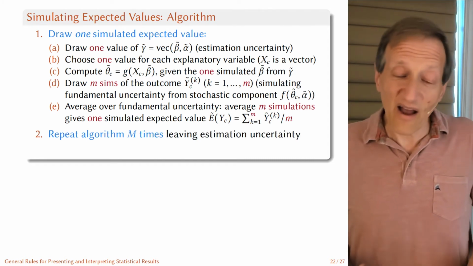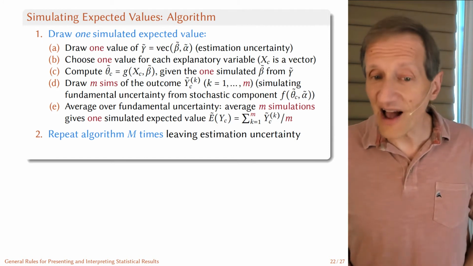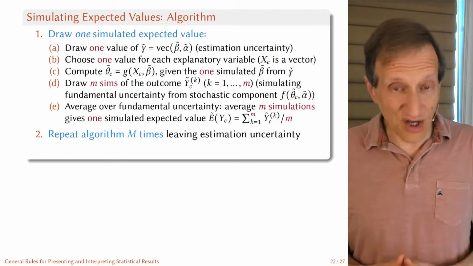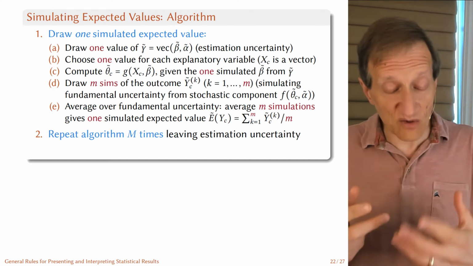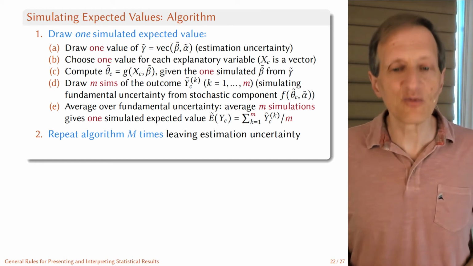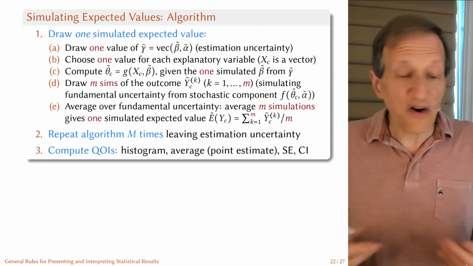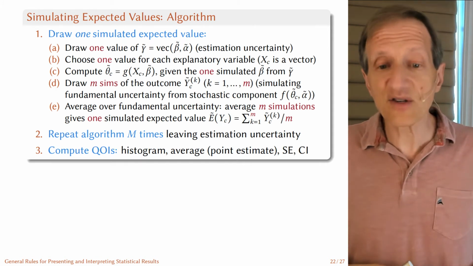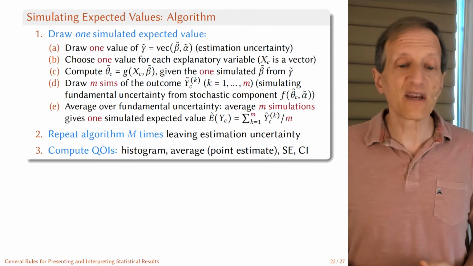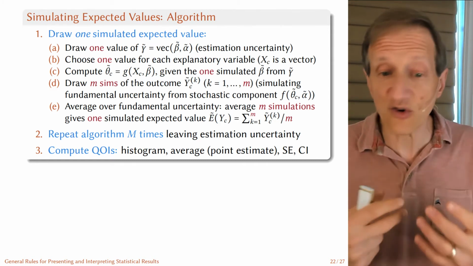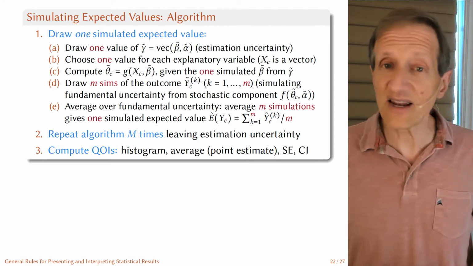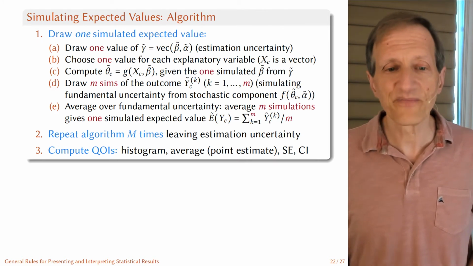Now, we repeat this entire algorithm, capital M times, different than little m, which leaves us with estimation uncertainty. Finally, we have these M estimates, from which we can calculate our quantities of interest in the way and the format that we choose: histograms, averages, point estimates, standard errors, confidence intervals, etc.